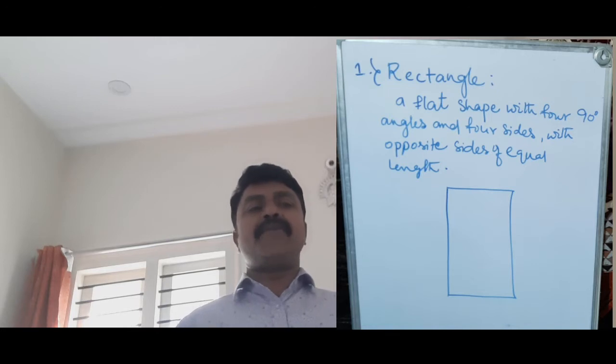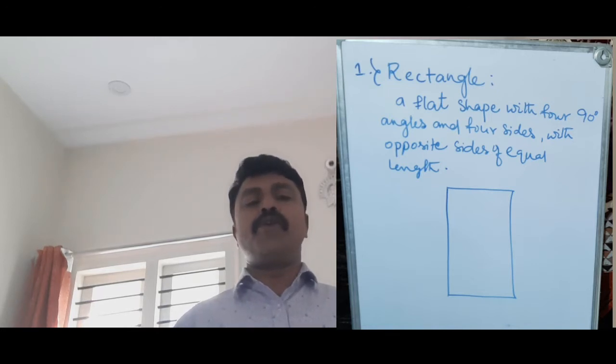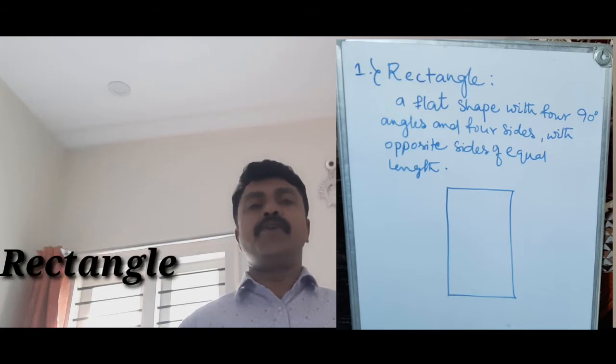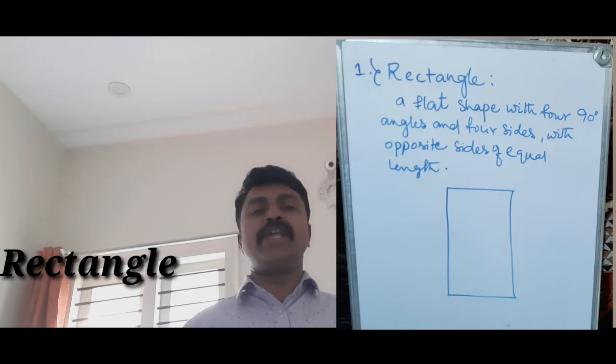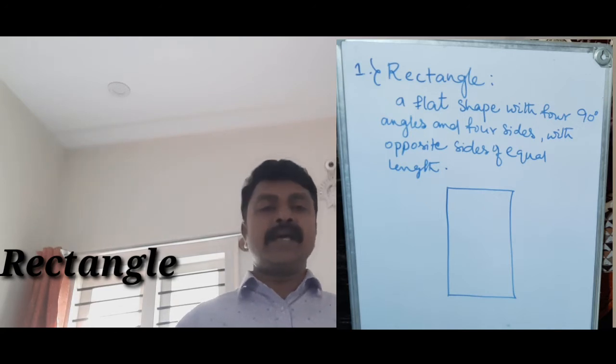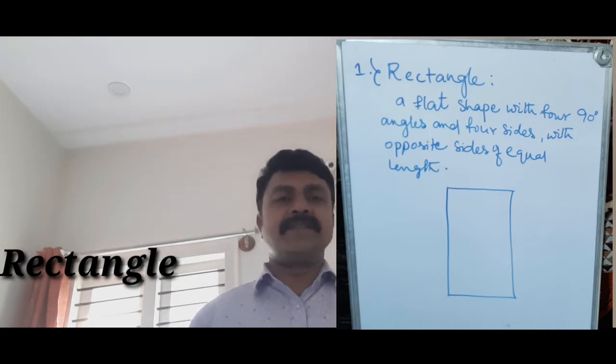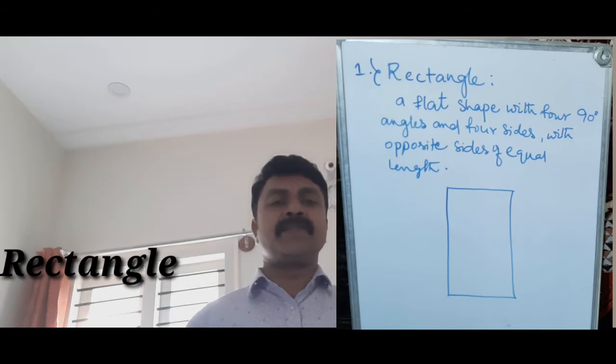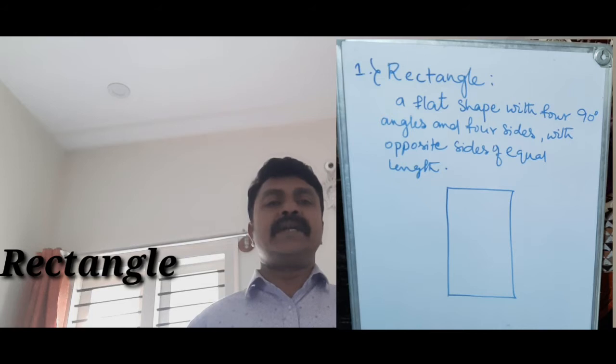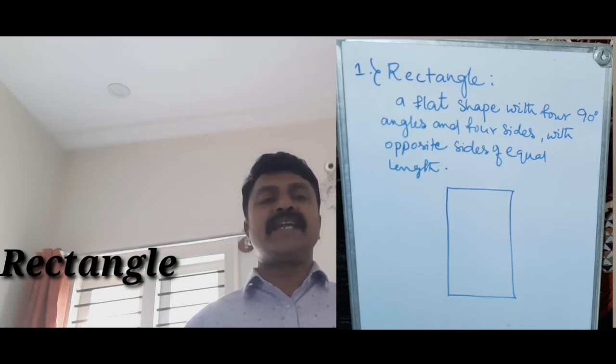It is a flat shape with 4 lines, 90-degree angles, and 4 sides, with opposite sides of equal length. This rectangle has 4 lines, but opposite sides should be equal. We can call it a rectangle.